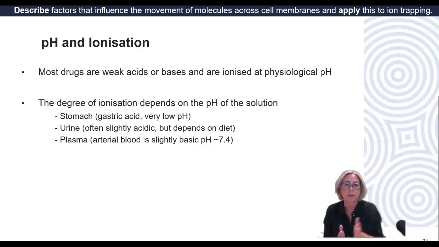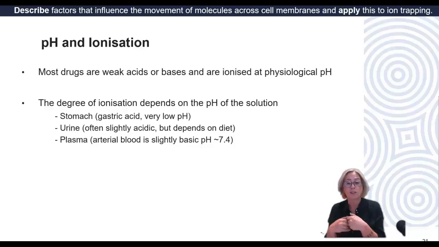For example, the stomach contains gastric acid, so hydrochloric acid, so very low pH. The urine is often slightly acidic, but this does depend on your diet. If you have a diet rich in meats and cheeses and all of those lovely things in life, you might find that your urine is slightly acidic.